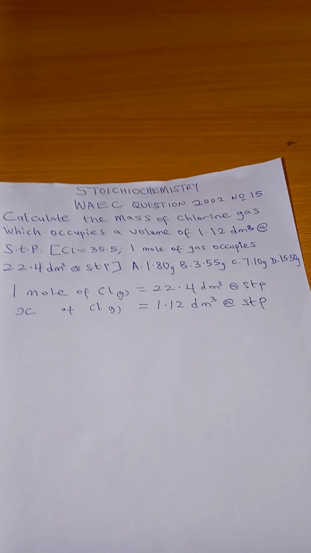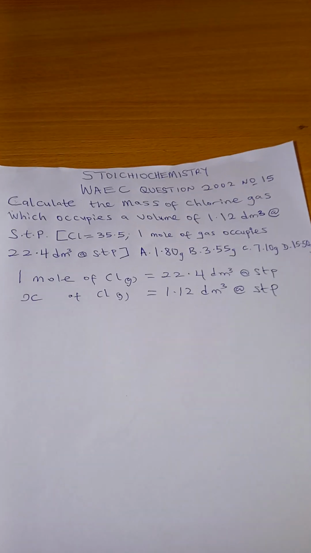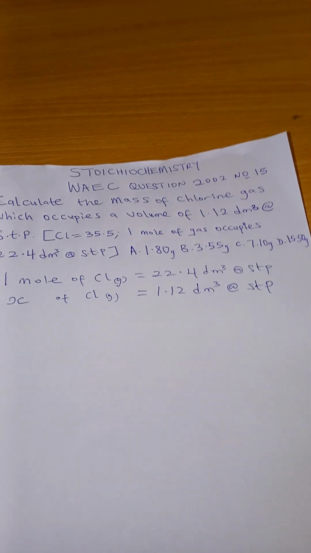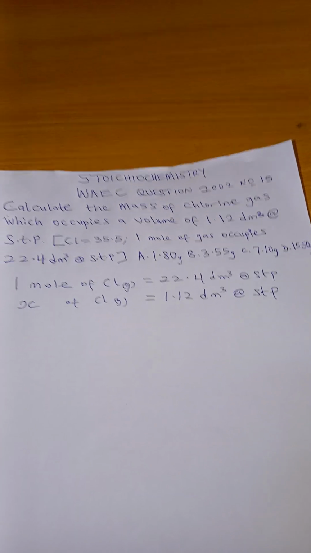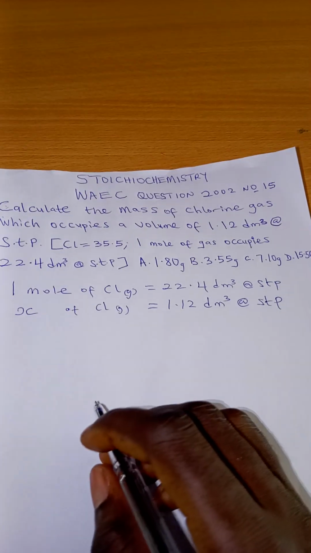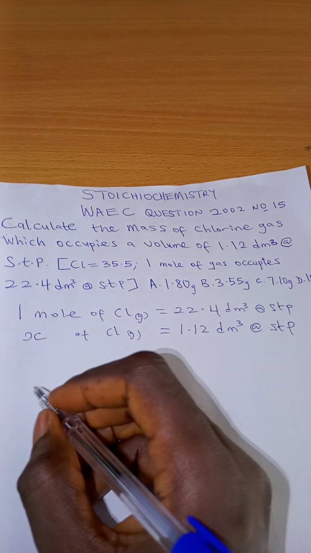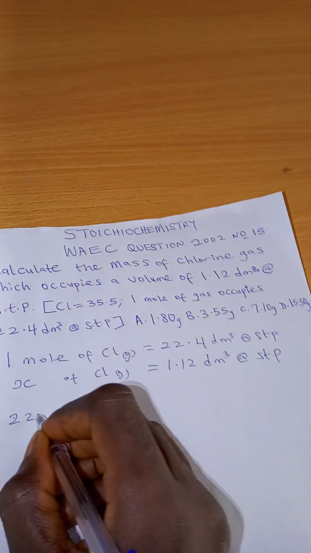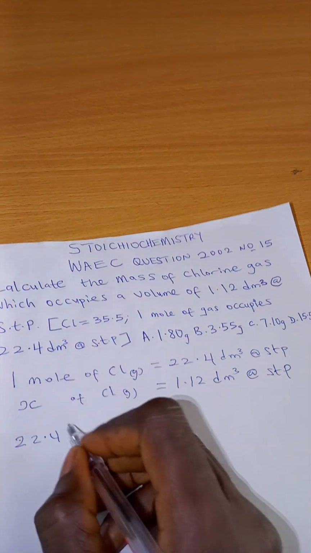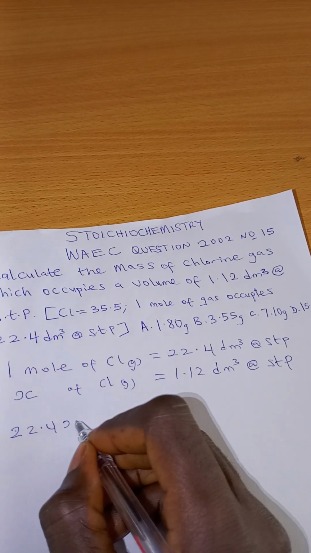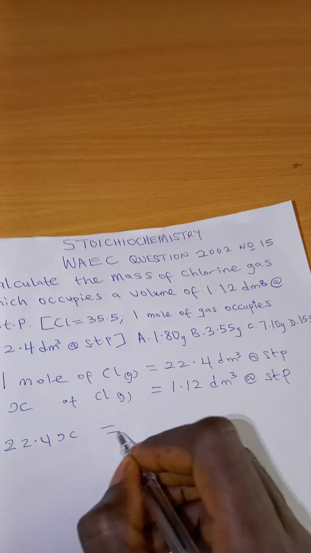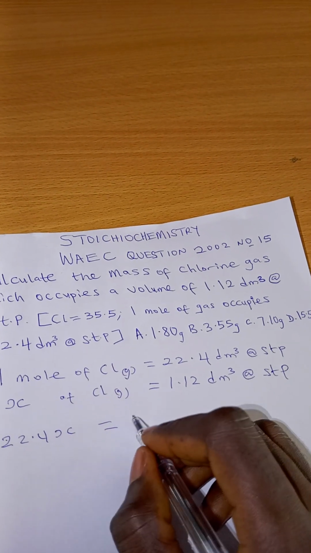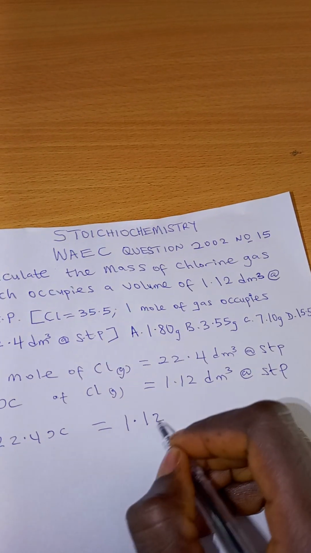1 mole of chlorine gas equals 22.4 dm³ at standard temperature and pressure, STP. So x mole of chlorine gas equals 1.12 dm³ at STP. Now in this situation we'll cross multiply. When you cross multiply, you have 22.4 times x, that will give us 22.4x, equal to 1.12 times 1, that will give us 1.12.